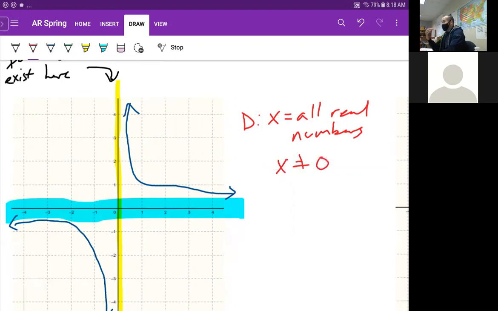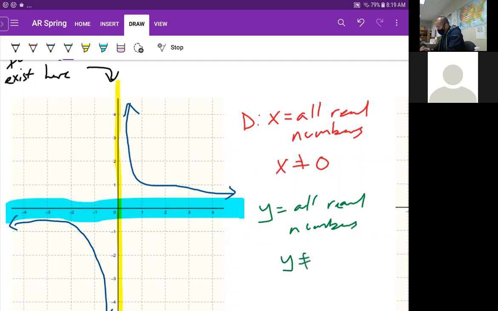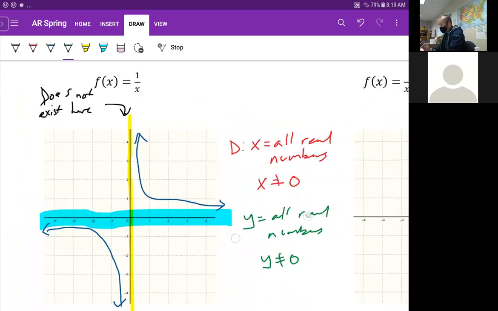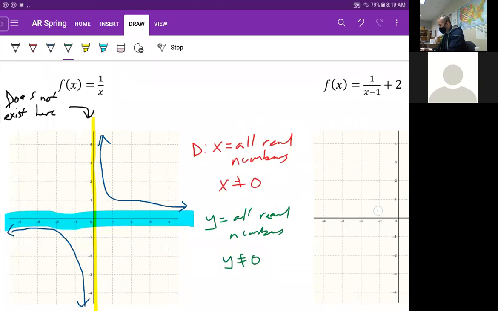So it's all real numbers except for 0. So that's the domain. The range, y equals all real numbers except for y is not equal to 0 again here. So that works.